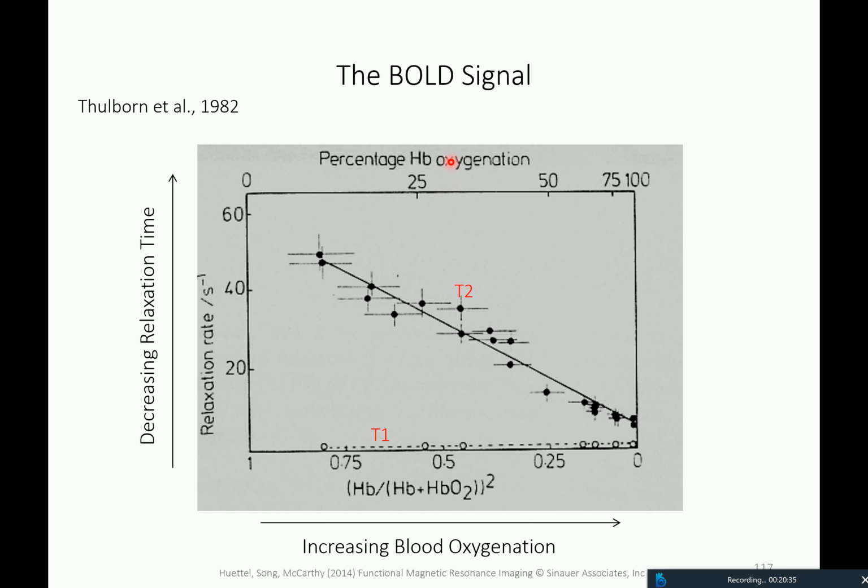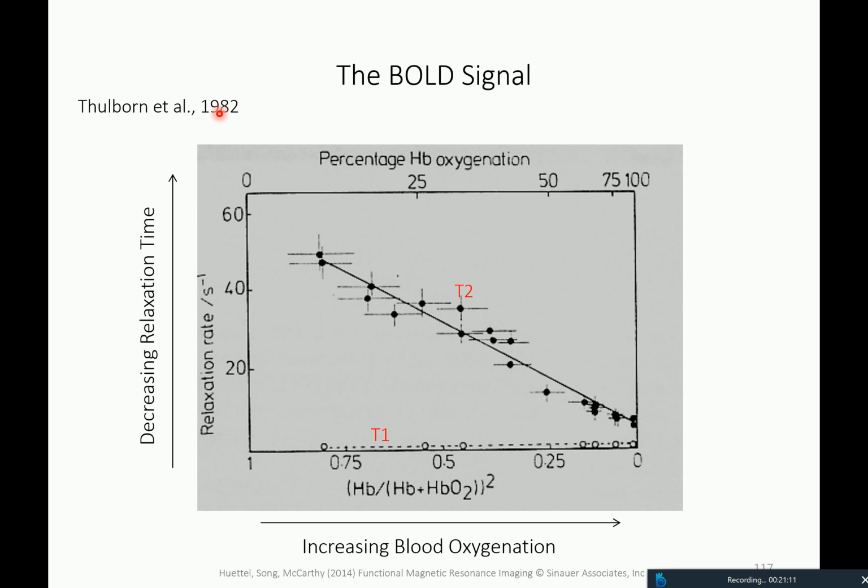What they found here is that the blood oxygenation, if you put samples into an NMR scanner, affects the T2 relaxation time, but not the T1 relaxation time. So this is essentially work from the early 80s, long before this was used in cognitive neuroscience, of course, that made in vitro this link between T2 relaxation times and blood oxygenation.